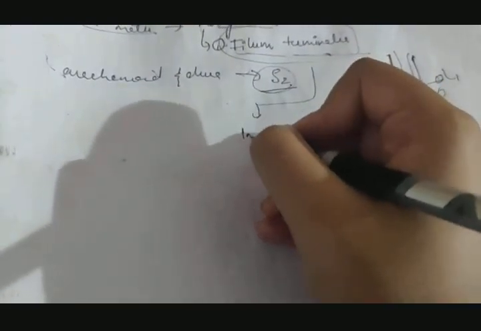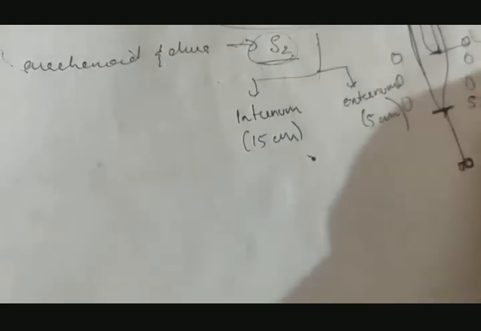One is internum and one is externum. The filum terminale is 20 centimeters in length. Of these 20 centimeters, 15 centimeters is for the internum and 5 centimeters is for the externum.